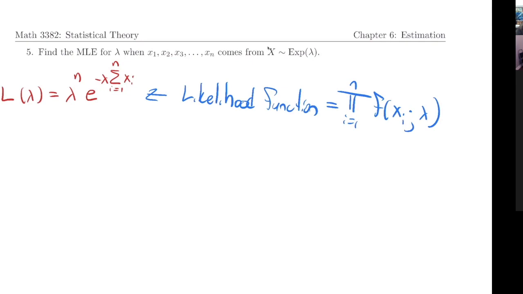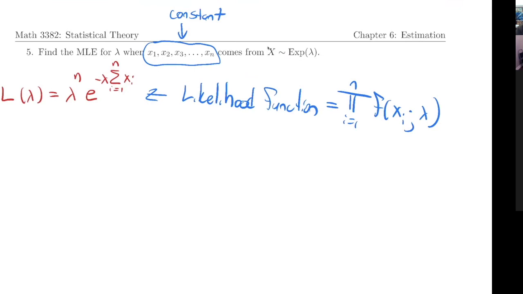Now we don't have actual values for the x1, x2, x3s, and so on, but we're going to treat those as constants. So let's assume we have some sample of x's, and really the variable here is lambda.